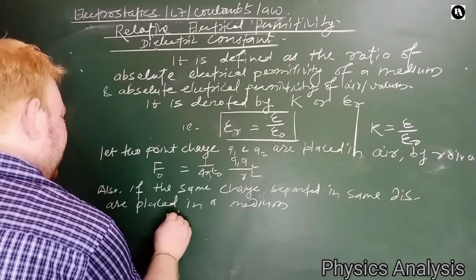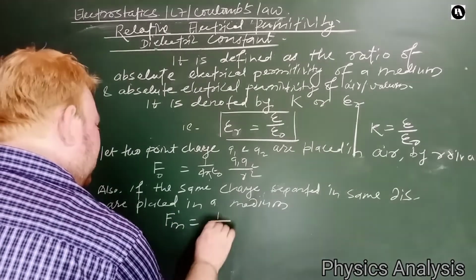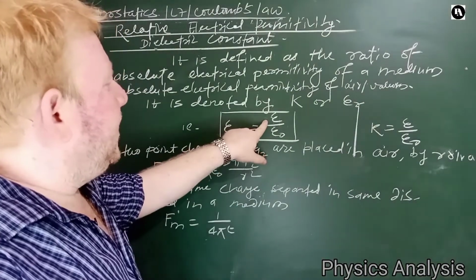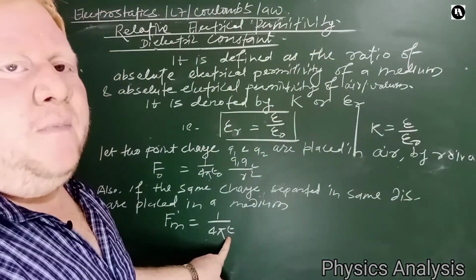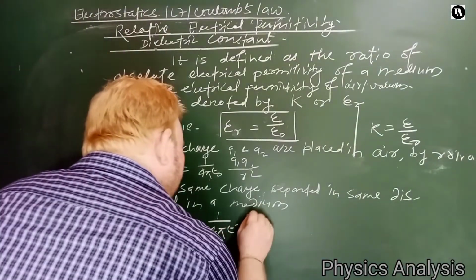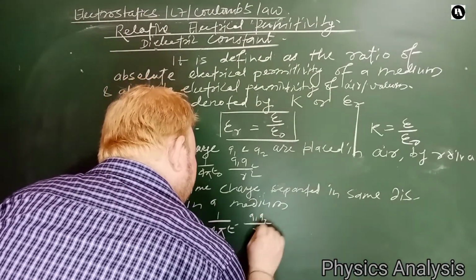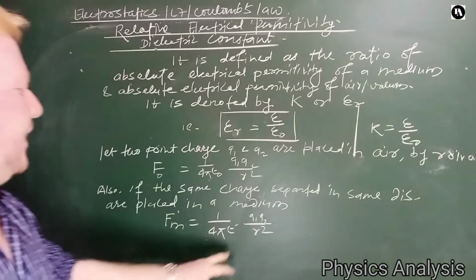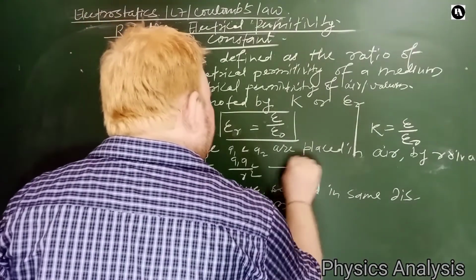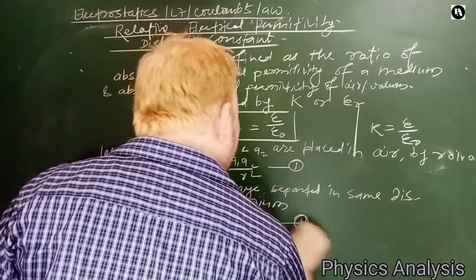F medium is equal to 1 by 4 pi epsilon, only epsilon. Remember, epsilon is the absolute electrical permittivity of the medium, into Q1 into Q2 by r square.